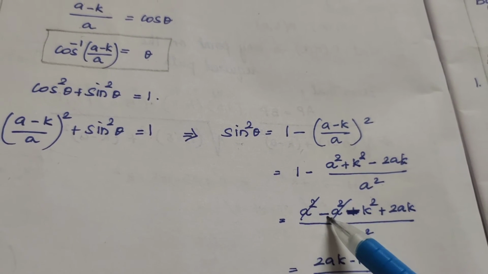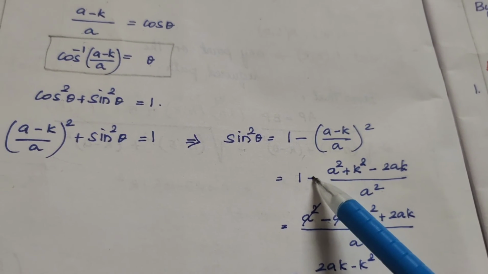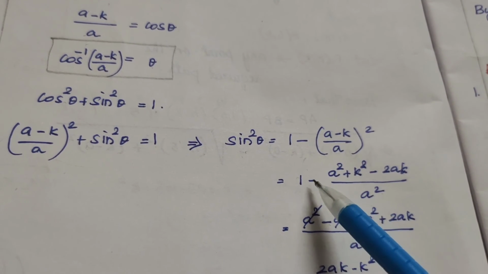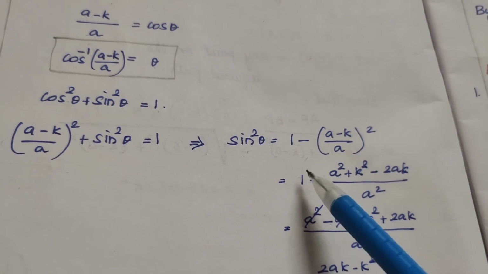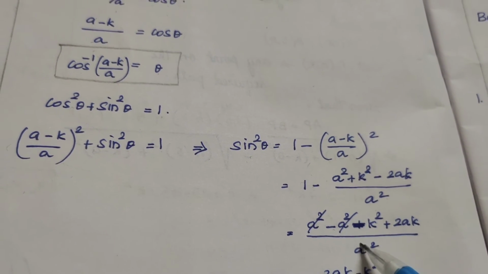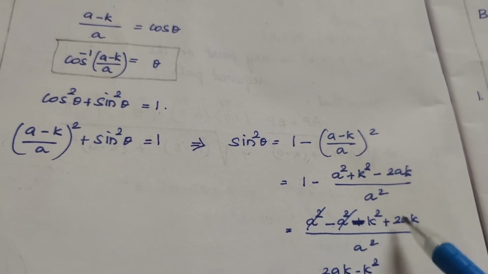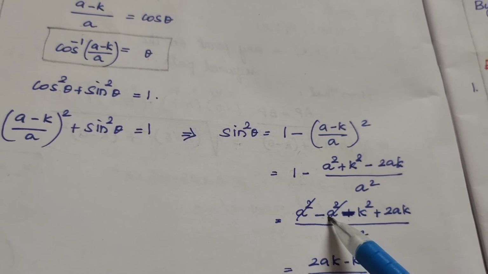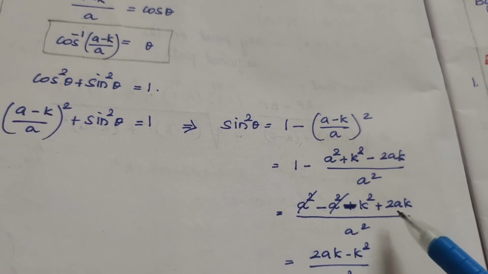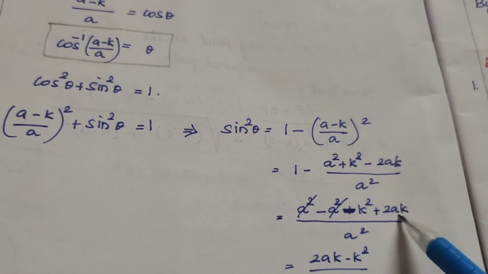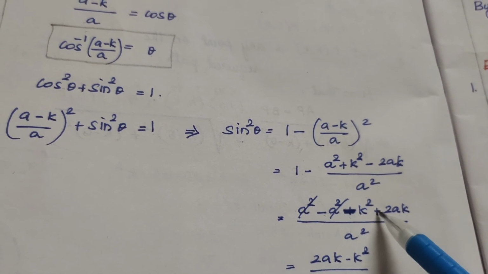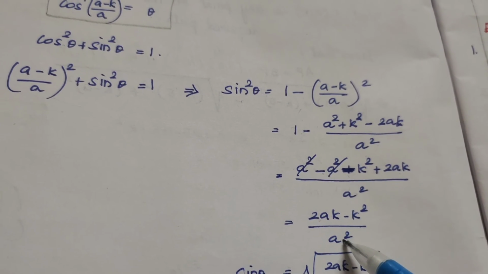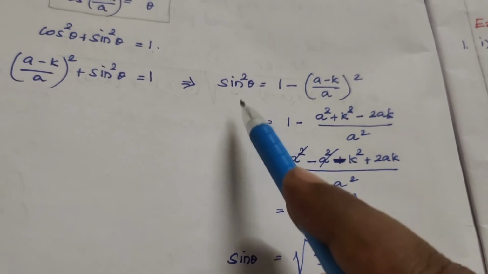So a square minus, multiply this minus to all the signs here, so it becomes minus a square, plus 2ak, minus k square, all by a square. Then a square minus a square cancels, the remaining is 2ak minus k square. The first term should be positive, so we take 2ak first and then minus k square, by a square. This is the value of sin square theta.